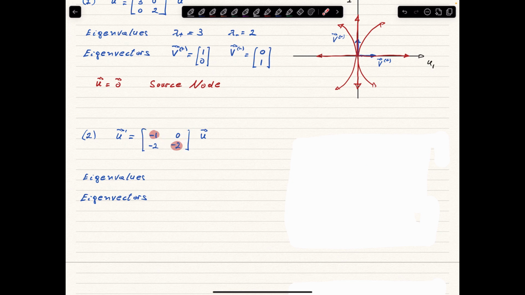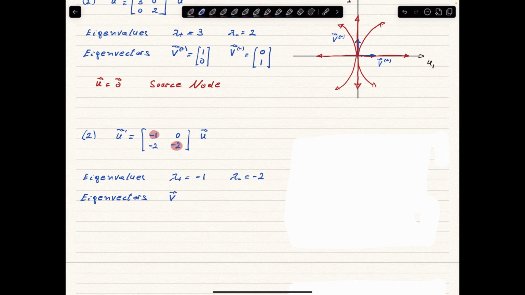You can compute the eigenvalues analytically with the determinant of the matrix minus lambda identity, but the result is that lambda plus, the largest eigenvalue, is the least negative, -1, and lambda minus is -2.